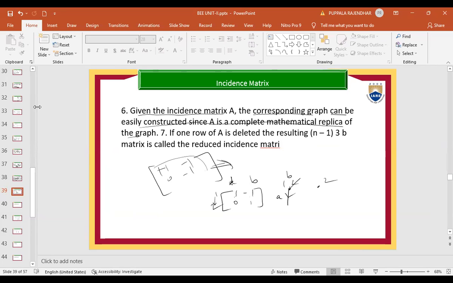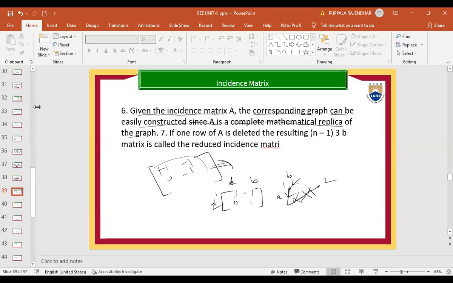And node 2 to branch A. Branch A is connected to node 2, right? No, sir, node 2 to branch A, sorry, is not connected. There is no incidence, so you are having 0.